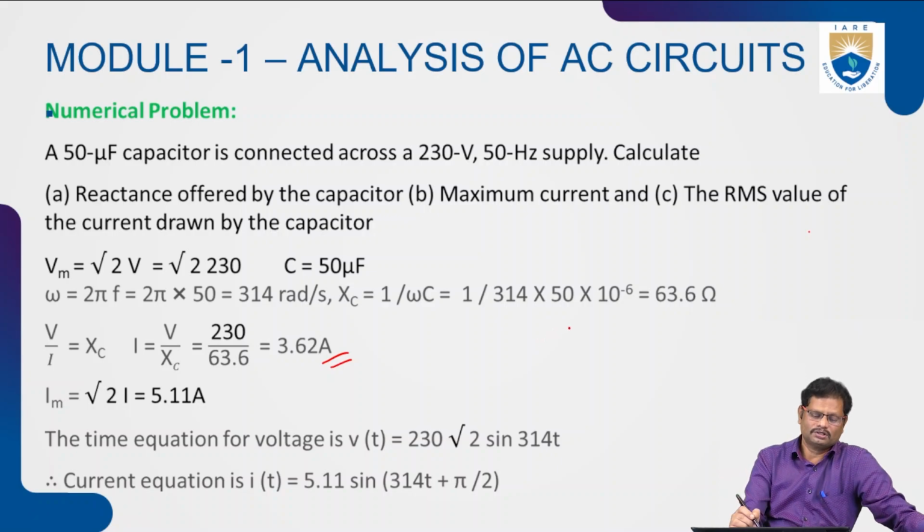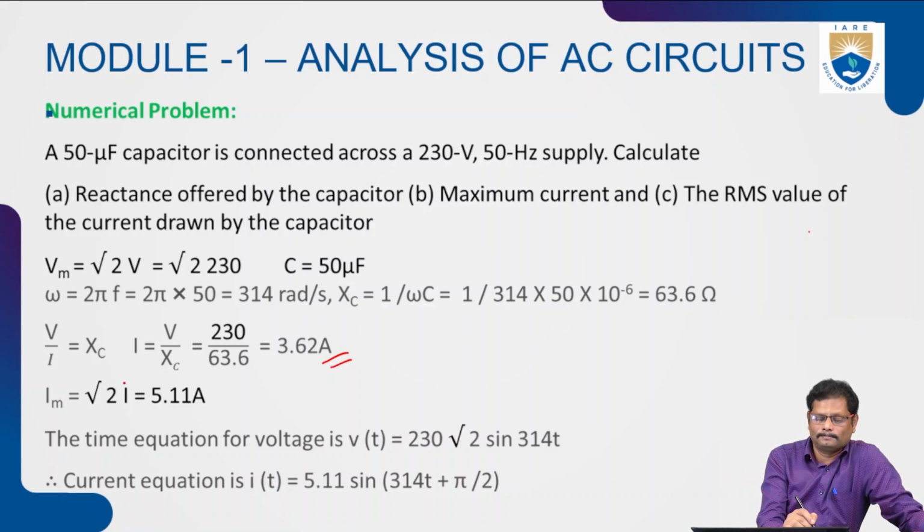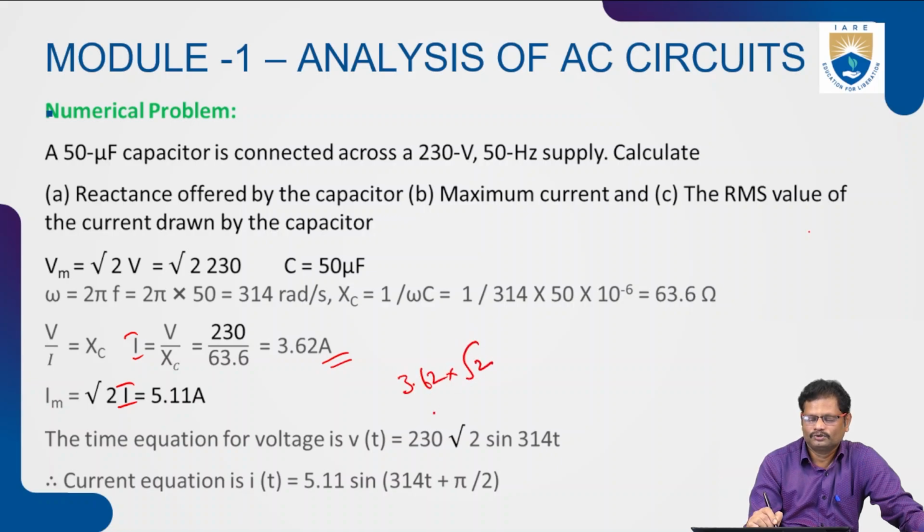And Im is root 2 into I. So I is 3.62, 3.62 into root 2 is 5.11 amps. This is Im. Now it is time to write the time equation for voltage v of t.